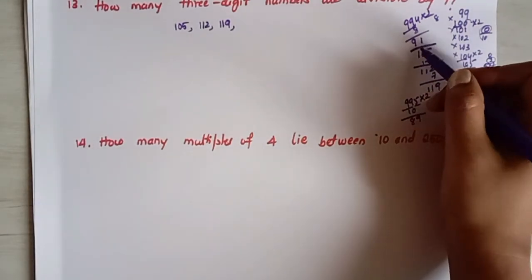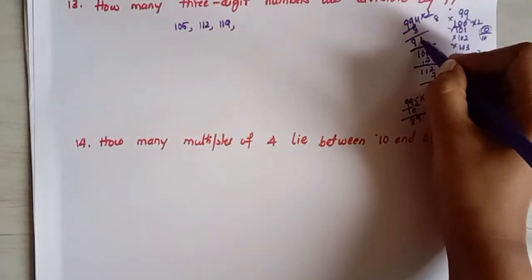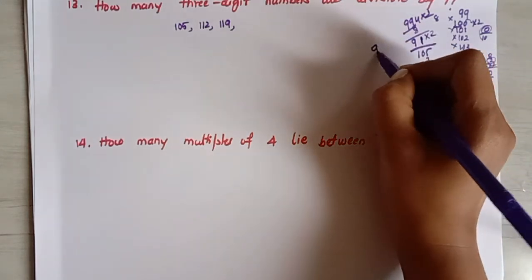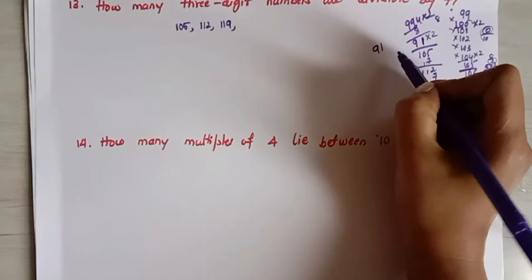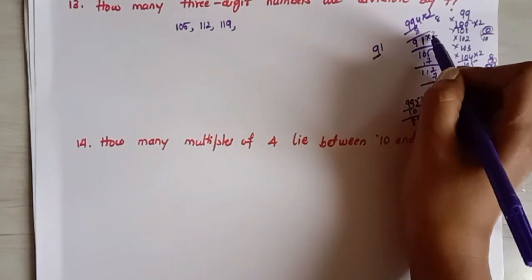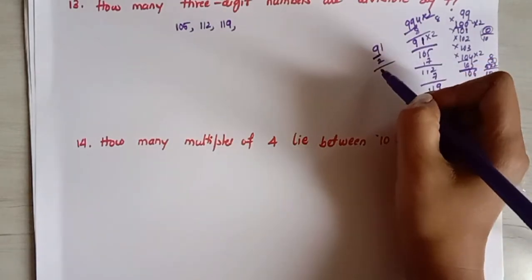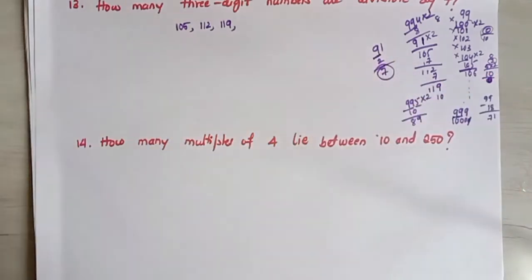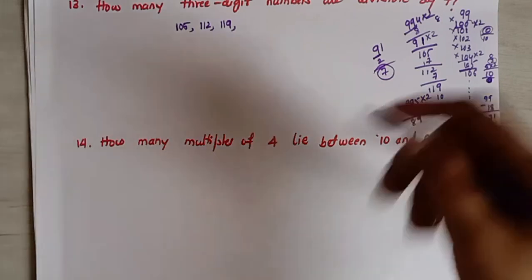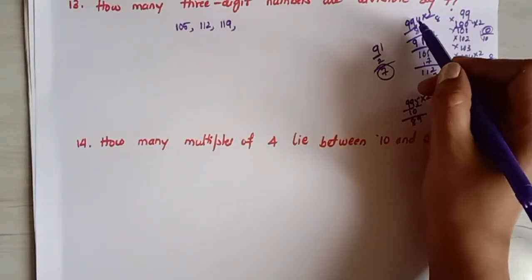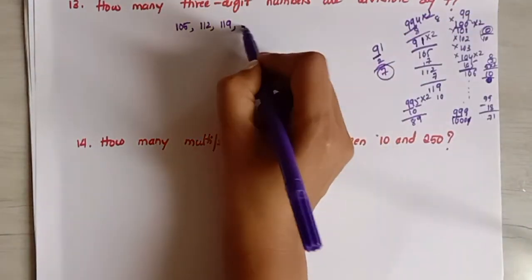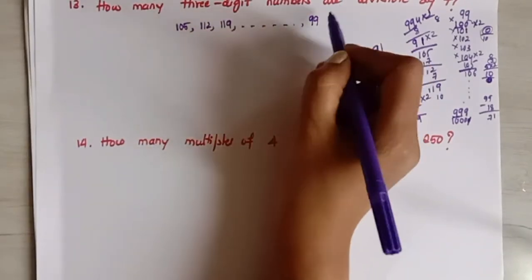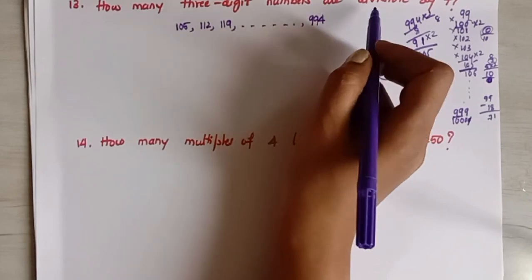Whether 91 comes in the 7th table? To the last digit we multiply by 2, so this will be 2. From the remaining digit we subtract this 2. 9 minus 2 is 7. So 7 is a multiple of 7 only. Therefore, we can say that 994 is divisible by 7. So it is the last 3-digit number which is divisible by 7.